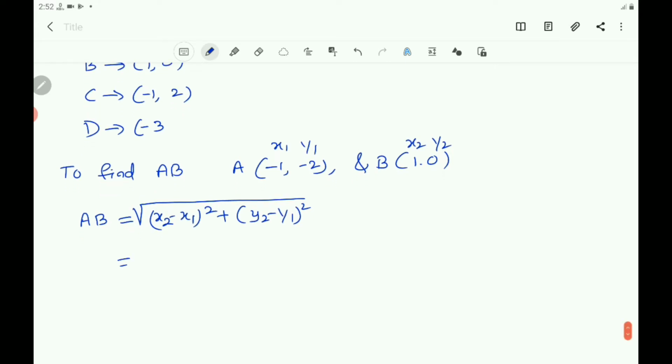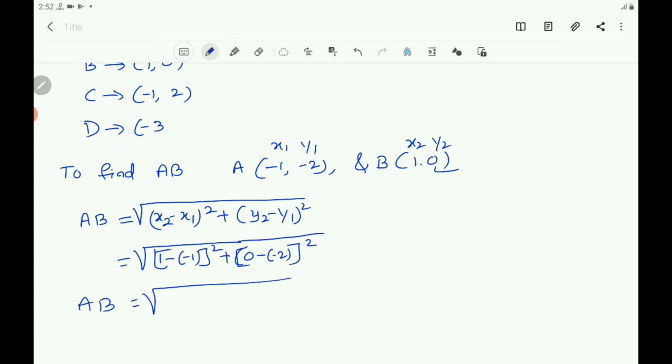Then x2 is 1 minus -1 whole square plus y2 is 0 minus of -2 whole square we have to find. Then AB equals square root of 1 minus of -1, 1 plus 1 whole square plus 0 minus of -2, 2 square.